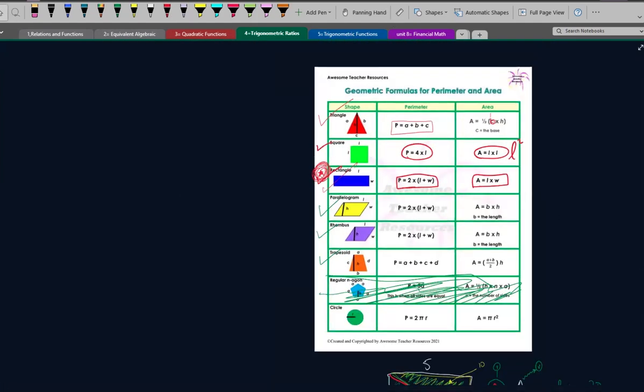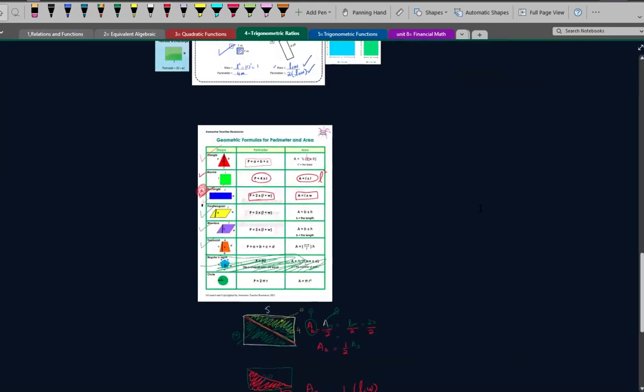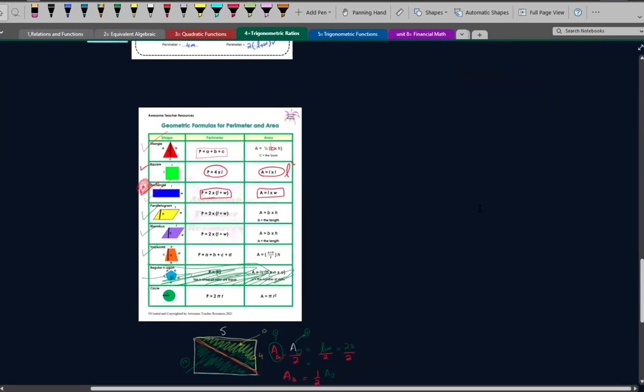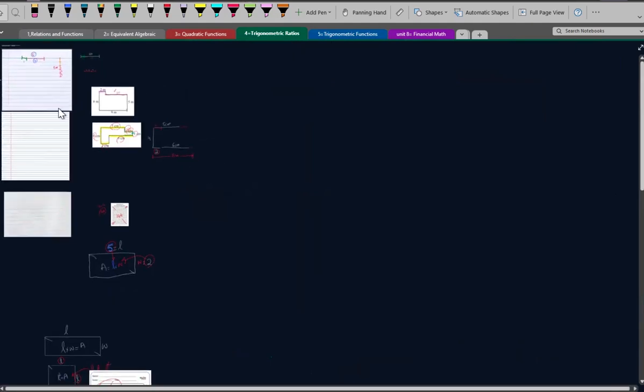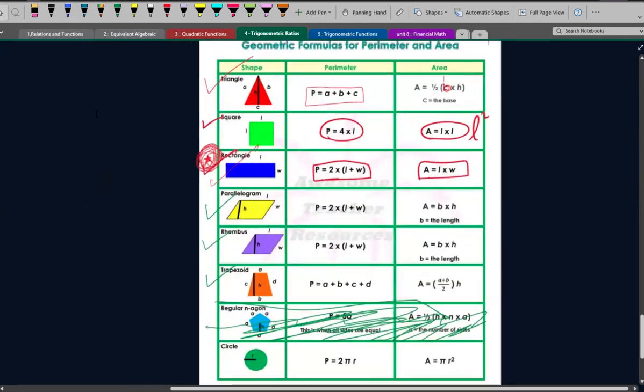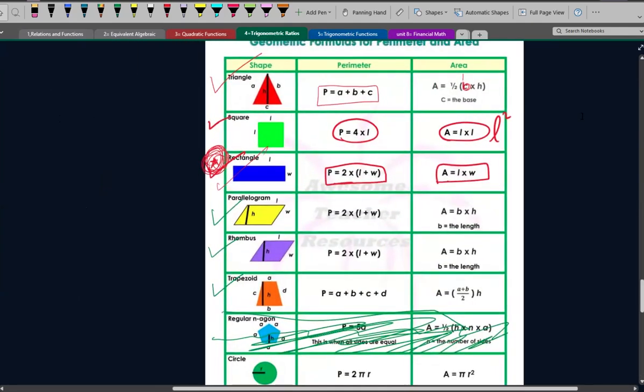Okay, do you want to do some more exercises? Sure. So what are your comments about these? What we have learned so far? What do you find the most interesting formula, the easiest formula, or the most difficult formula? I don't think that any of them are difficult.